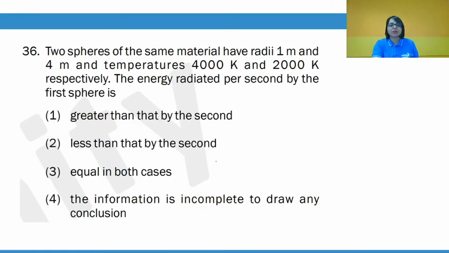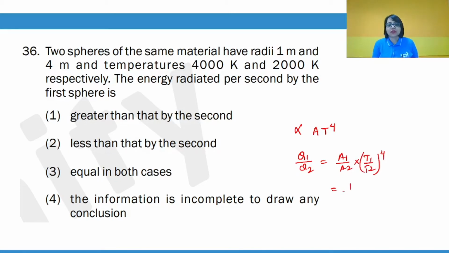Two spheres of the same material have radii 1 meter and 4 meter and temperature 4000 Kelvin and 2000 Kelvin respectively. So energy radiated per second by the first sphere is. Energy radiated per second is directly proportional to area into temperature to the power 4. So area is directly proportional to radius squared. So you can write Q1 upon Q2 is equals to A1 upon A2 into T1 upon T2 to the power 4.